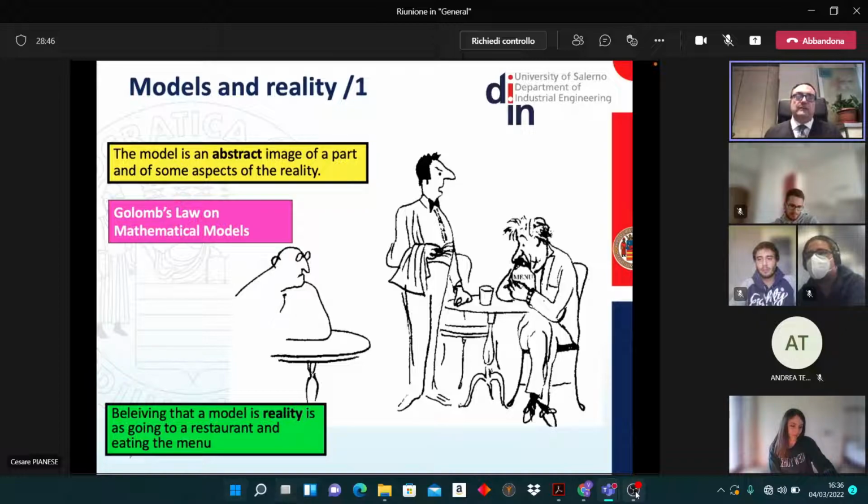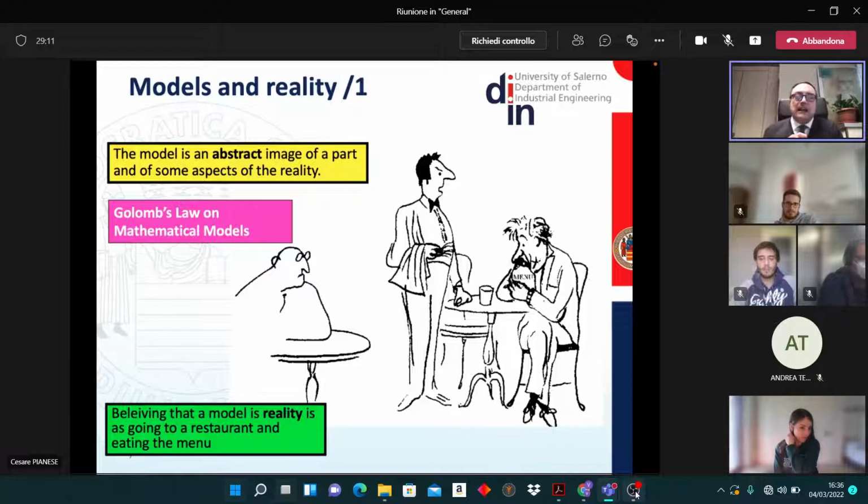This is the difference, and this is the concept. If you go to the restaurant and you see a very nice menu, perhaps a kid, a boy, sees the ice cream and may have the idea of hitting this picture, because it's very nice, very good reality.